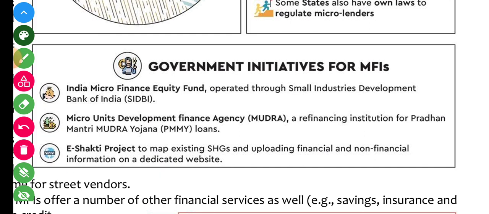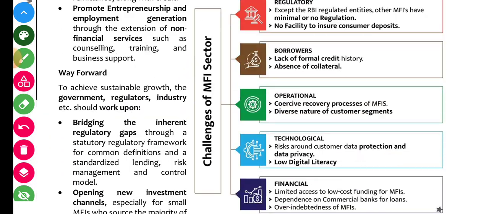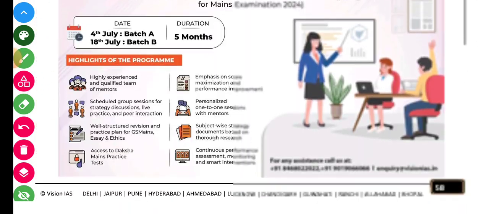So three government initiatives: India Microfinance Equity Fund through SIDBI, Micro Units Development and Refinance Agency Mudra and Pradhan Mantri Mudra Yojana, loans to the MSME sector, and the E-Shakti project for self-help groups. So keep this in mind. Okay.